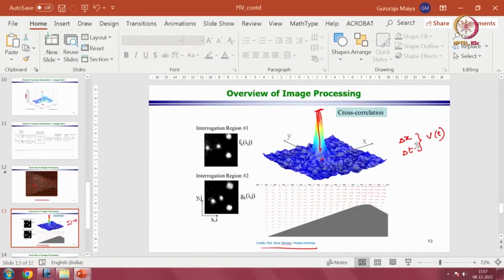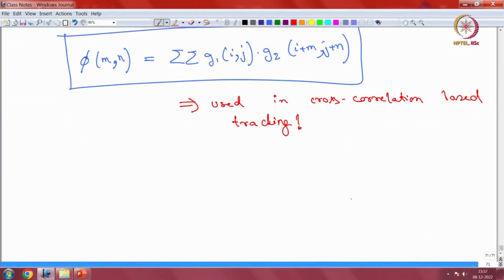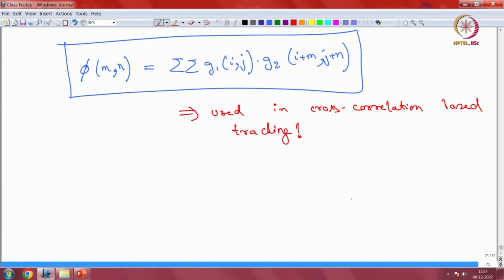So, this brings us to the important question of how to find the velocity, right. So, we know how to find delta x. Now, the question is how to find the velocity.